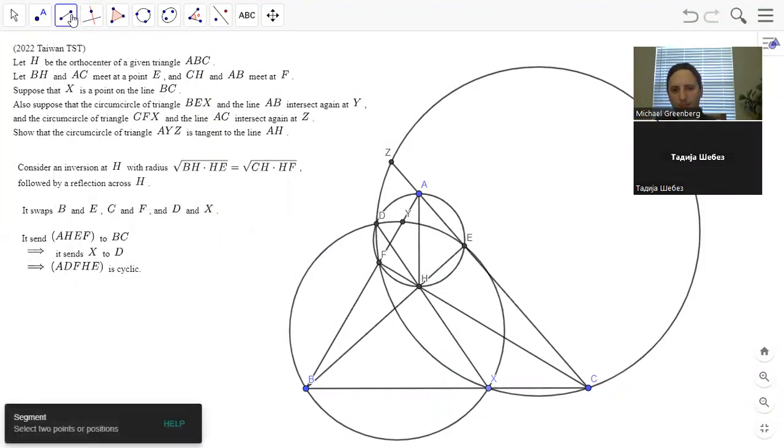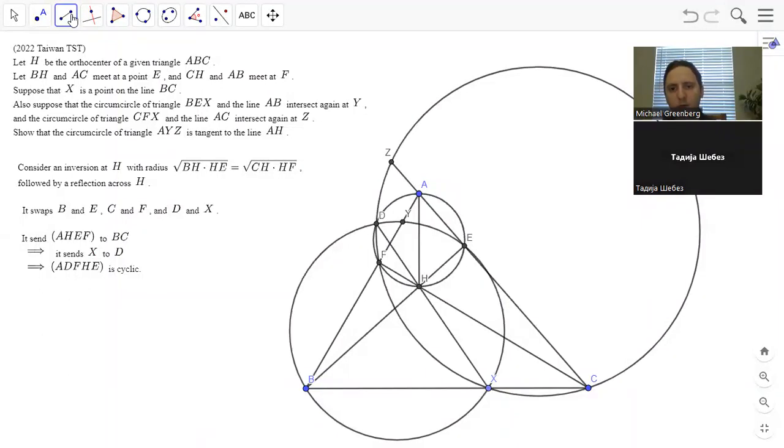So the circumcircles of BXY. Because three of them concur, or because two of them concur, the third has to concur. Okay. So yeah, we have BXY, CXZ, and so AYZ has to concur.